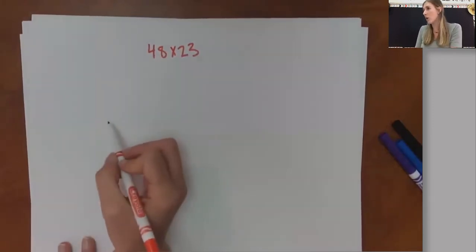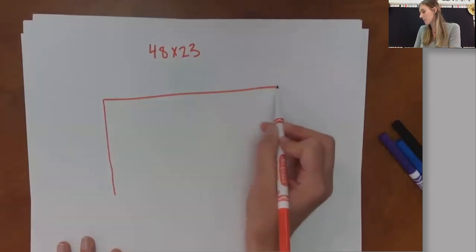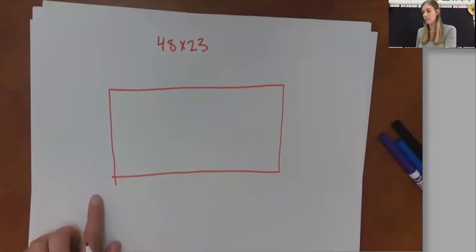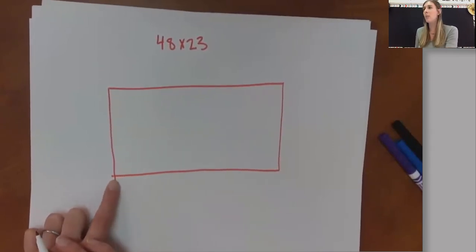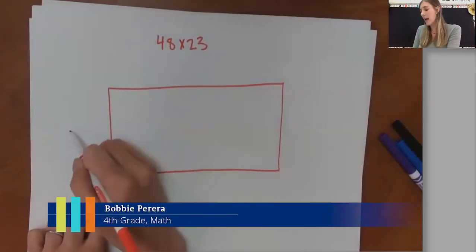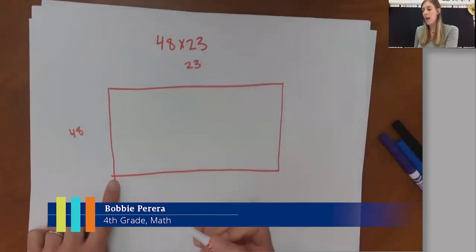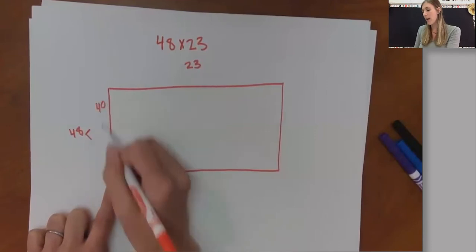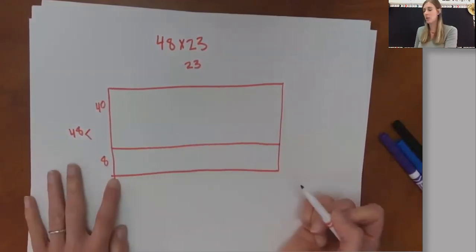Let's go ahead and draw our large rectangle so it's ready for our numbers. To start, we need to break apart both our numbers and put them in the area model. So let's make 48 our length, and let's make 23 our width, and let's break them apart using expanded form. 40 and 8, split our rectangle into those sections.